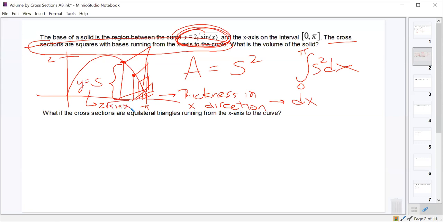So I can replace s with y, which is 2 root sine x, and then I should be able to integrate. So we're going to say an integral from 0 to pi of 2 root sine x, squared, dx. And we square it because it's s squared, the formula for the area of the square.